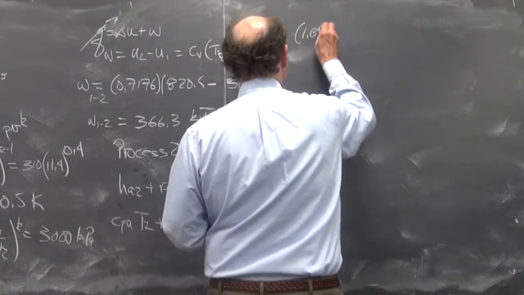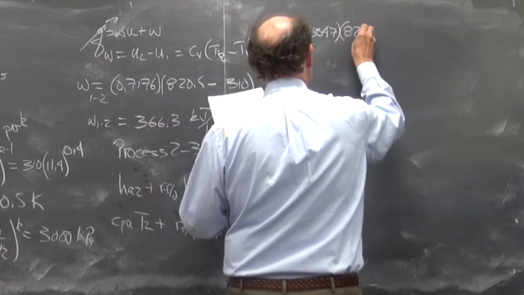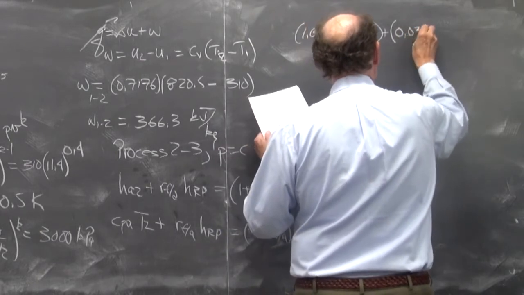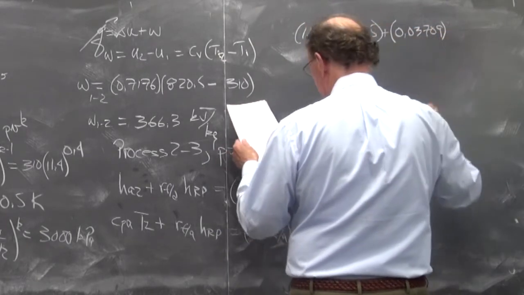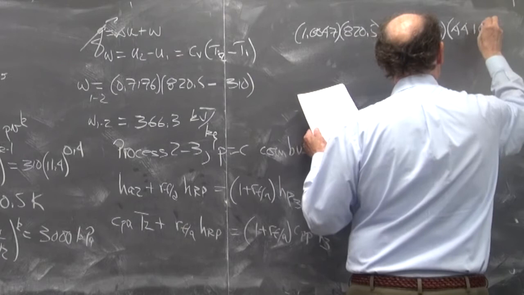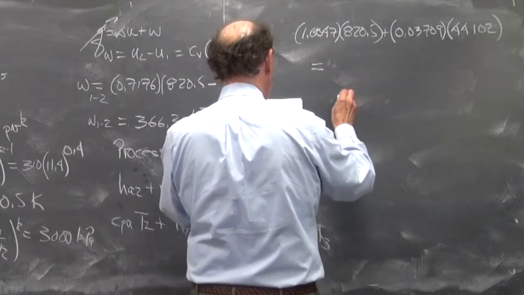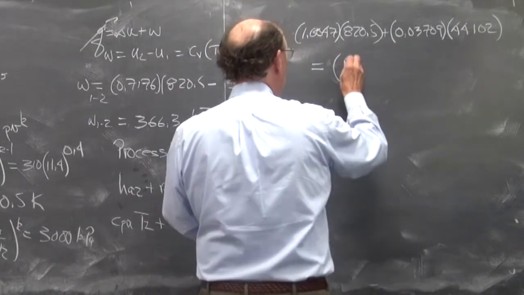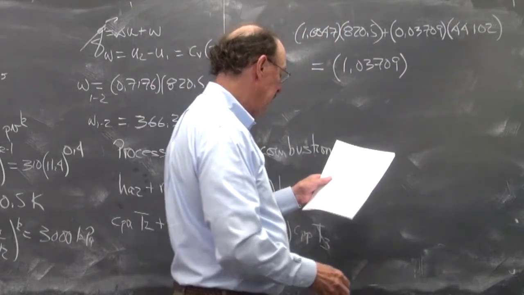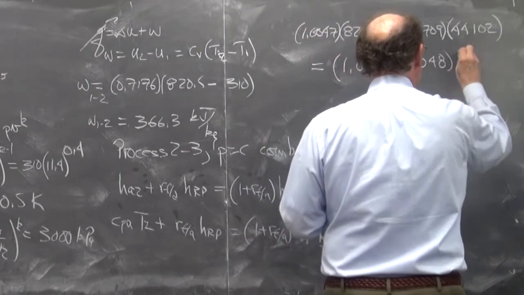So 1.0047, C sub P of the air, times 820.5 plus RFA, which is 0.03709, times H sub RP of dodecane, 44,102, Table C3, is equal to 1 plus RFA, 1.03709, times the C sub P of the products, 1.048, times T3.